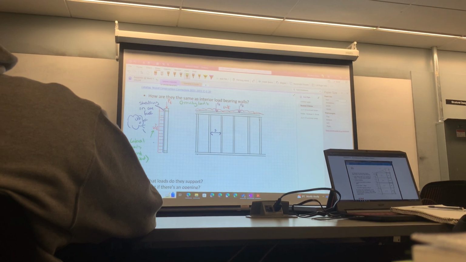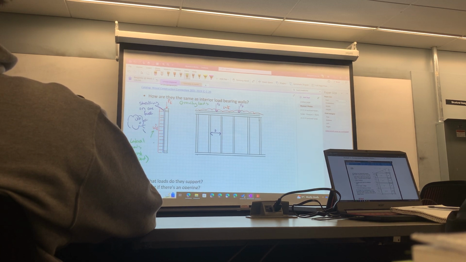So the first question, how are they the same as interior load-bearing walls? Same, they're constructed the same structure. Generally we don't have as stiff of a sheathing on the interior walls.